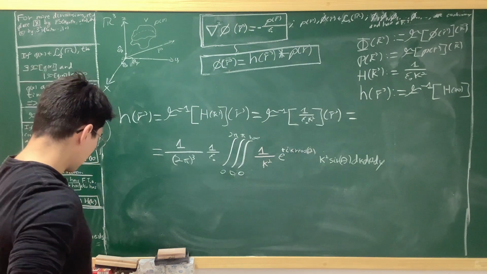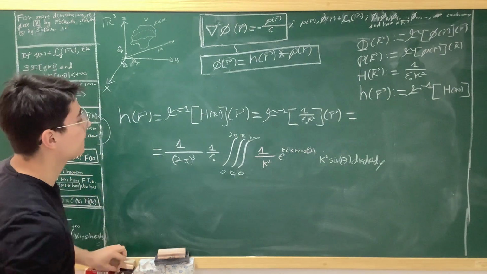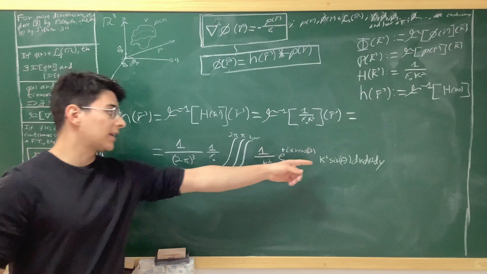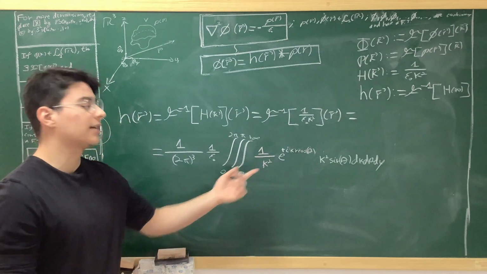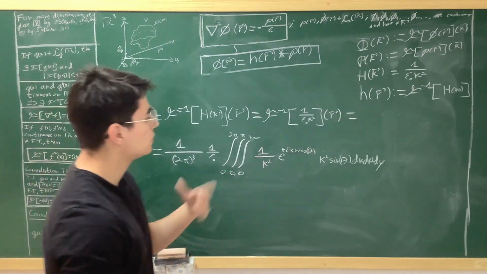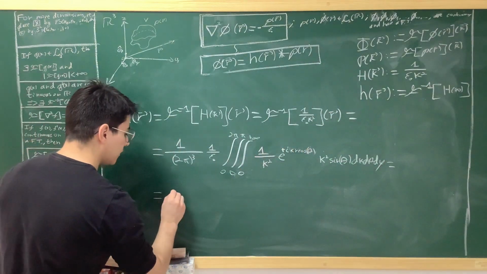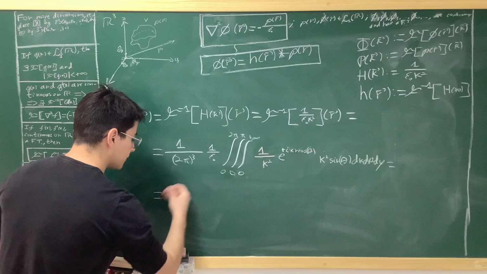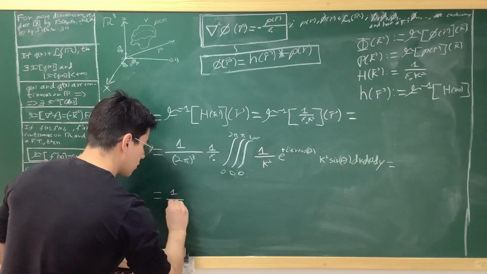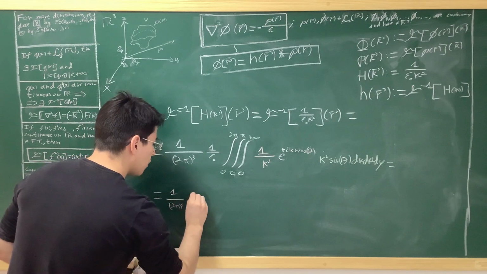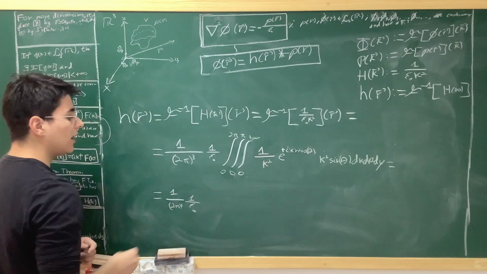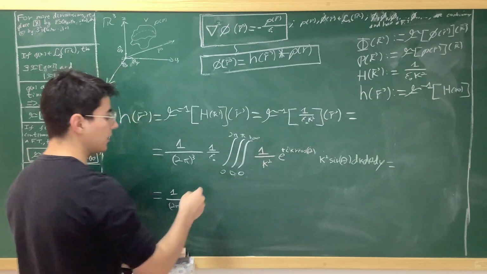k squared and k squared cancel out. Remember, k squared is not 0, so everything works out fine. So we have 1 over 2 pi cubed, 1 over epsilon naught, and this integral.